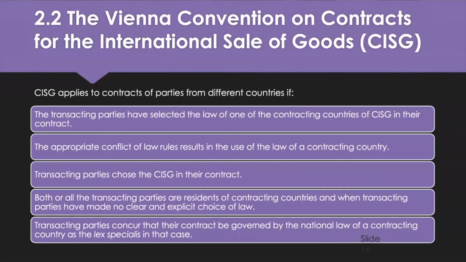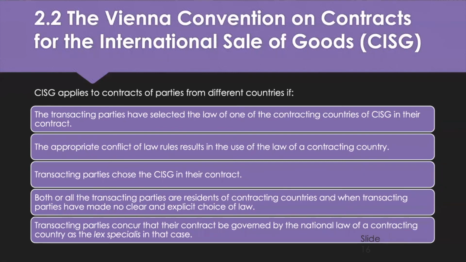Now, the Vienna Convention on Contracts for the International Sale of Goods Act gives a standardised international sales law. It came into effect in 1988. It was developed to enable international trade by establishing a system of rules and regulations for the standardised uniform buying and selling of goods.